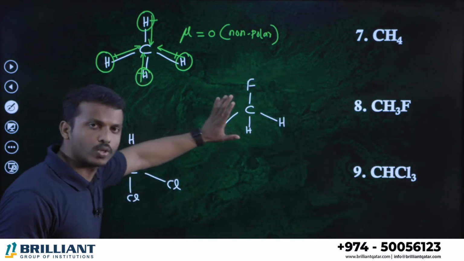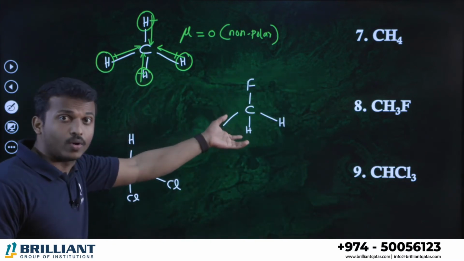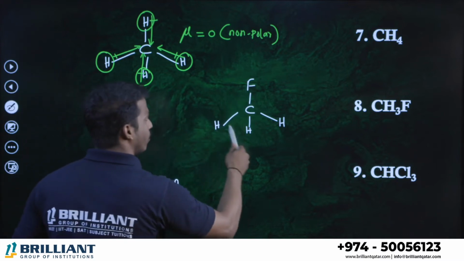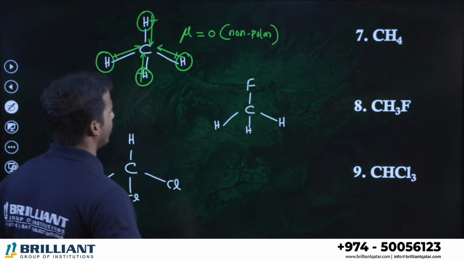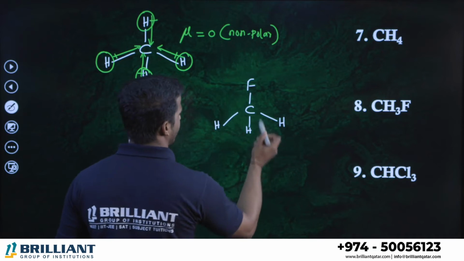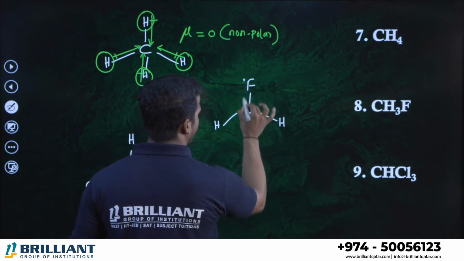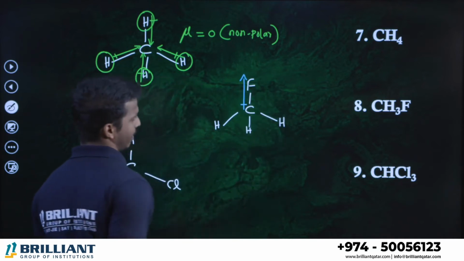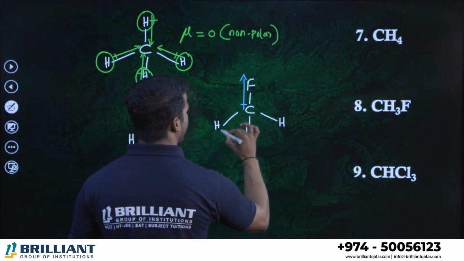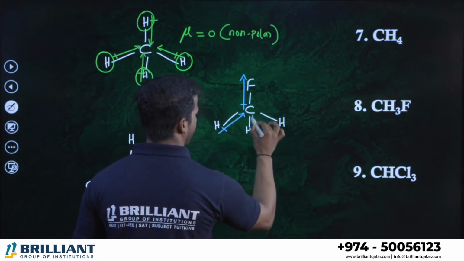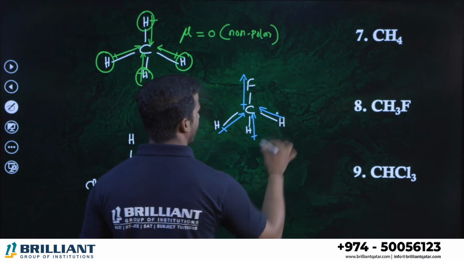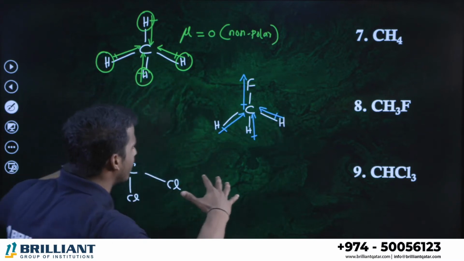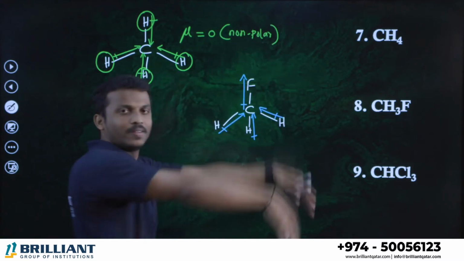But you see, this is also tetrahedral, but can it be 0 here? No, because all the surrounding elements are not the same. Here, one is fluorine, and then hydrogen, hydrogen, hydrogen. Between carbon and fluorine, fluorine is the most electronegative. Between carbon and hydrogen, carbon is more electronegative. So we can draw the arrows like this. Dear all of you, observe that all the dipole moments are adding up.